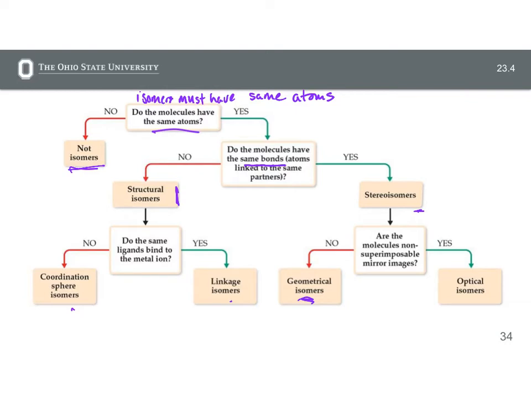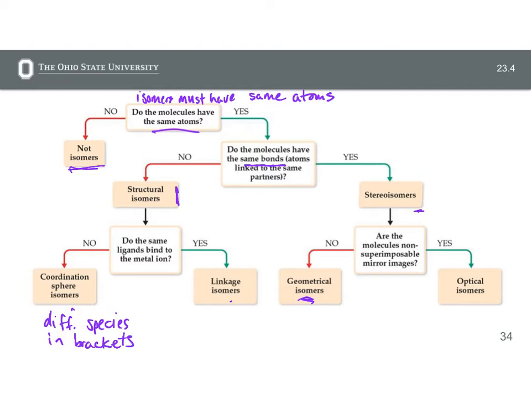Okay, so let's say we have some sort of structural isomer. Our coordination sphere isomers you can identify because you will have different species if it's written out in formula, in brackets. If you're only shown the coordination sphere, would you be able to tell? You might be able to tell.